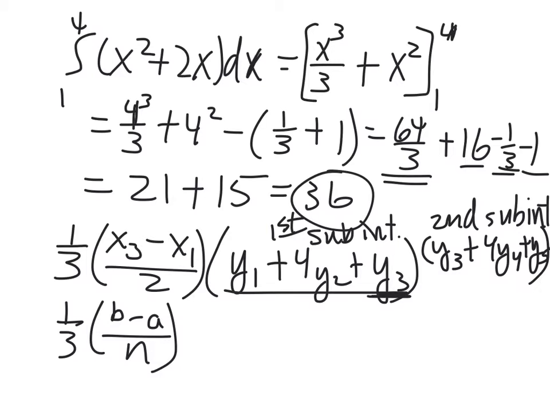Okay. And then the third subinterval, well, y sub 5 would be the first part of the third subinterval. And now these aren't multiplied by no means, but we're kind of showing where this formula comes from.